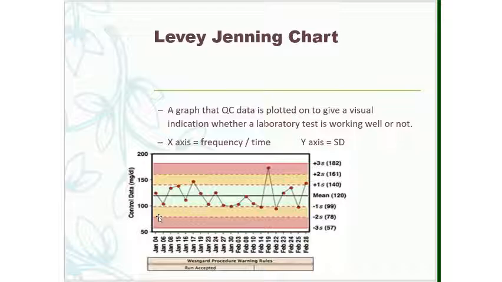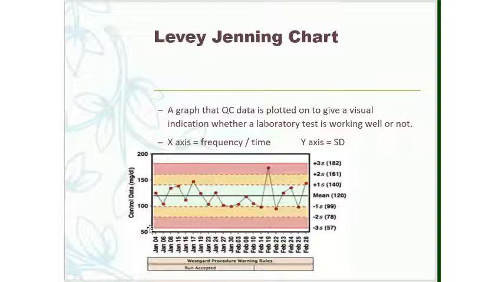The y-axis consists of the mean and 1 SD, 2 SD, and 3 SD. You see here, this is the 1 SD, 2 SD, and 3 SD on the positive side, and this is the minus 1 SD, minus 2 SD, and minus 3 SD.